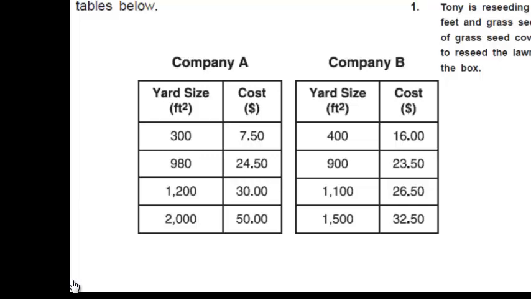So Tony moved to a new house and wants to install a pool and landscape the yard. He will hire a company to manage the landscaping. Tony is considering hiring Company A or Company B. Company A and Company B's landscaping costs are shown in the tables below. Tony is reseeding the front lawn.